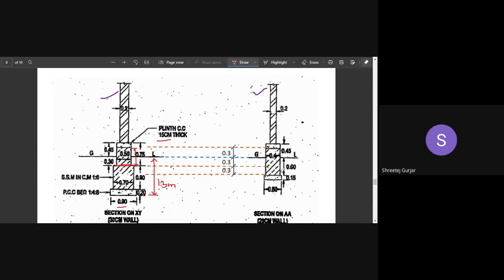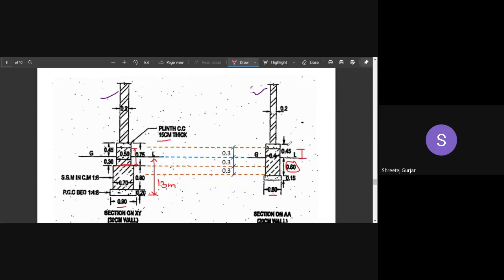We can see the width of my foundation is 0.6 meter. PCC thickness is 0.15, and the total height of my side stone masonry foundation is 0.6 plus this amount.